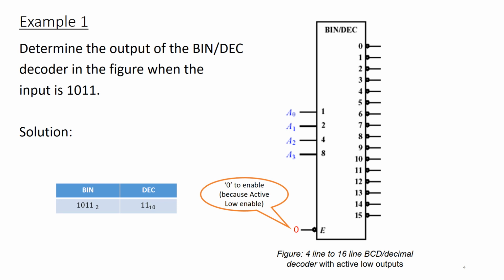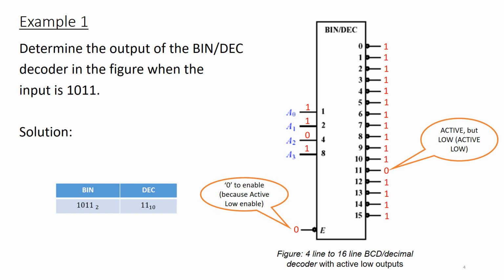We give it a 0 value. And then let's start with the MSB, which is A3, 1011, and that will enable the output line 11, which will be output low because it's active low, and the rest of the output pins will be 1.